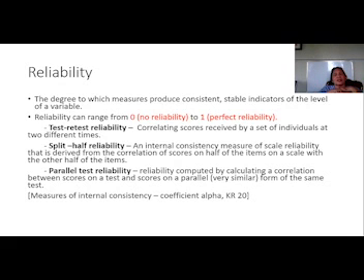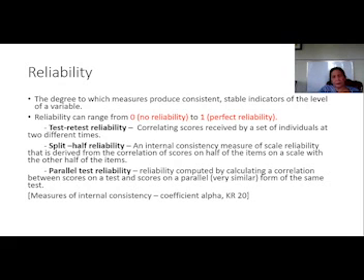Now, let's talk about another test of reliability we call split-half reliability. The split-half reliability is an internal consistency measure of a scale of reliability that is derived from the correlation of scores on half of the items on a scale with the other half of the items.